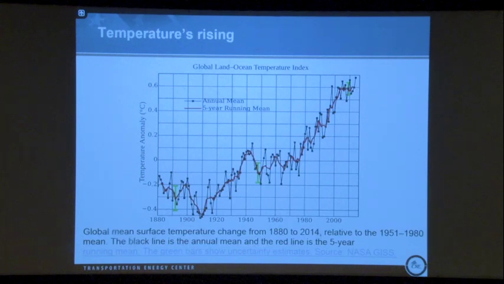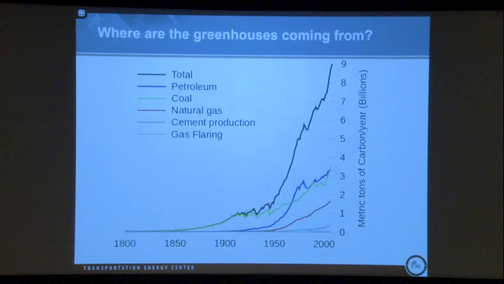This chart's probably a little bit outdated, showing the surface mean temperature that has changed, as depicted by the red line and the black. The red line is the 5-year average, and the black line is the annual mean, with the error bars shown in green. And so the result of burning is that our temperature is rising.